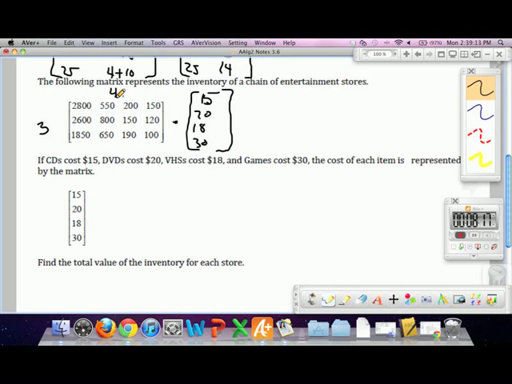What's the dimension of our resultant matrix, our total value? 3 by 1. Our 3 by 1 matrix will tell us the value at each of the 3 stores. That's how much money each of these 3 stores has. So if we multiply this 3 by 4 by this 4 by 1, you'll end up with a 3 by 1 matrix that tells you the value at store 1, store 2, and store 3. Pretty neat.